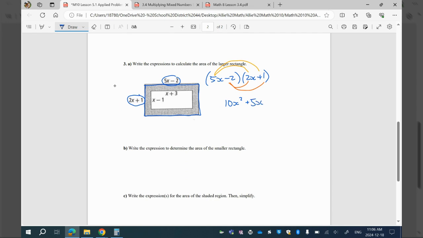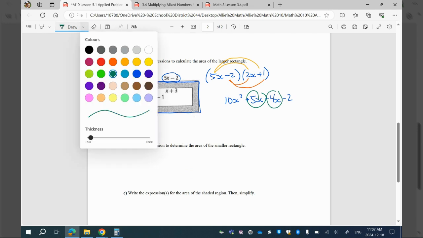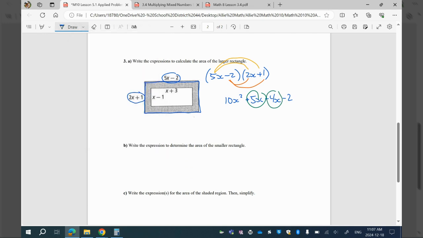Negative 2 times 2x is minus 4x. And negative 2 times positive 1 is negative 2. And then we can combine our like terms. So 10x squared, 5x plus negative 4x is just a positive x, and then subtract 2.